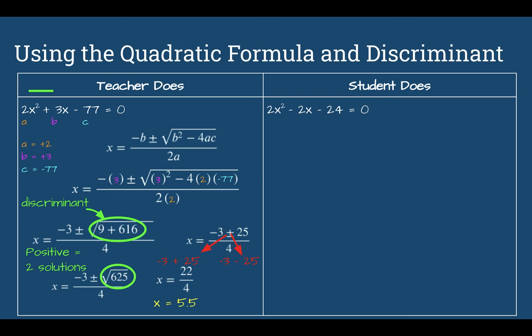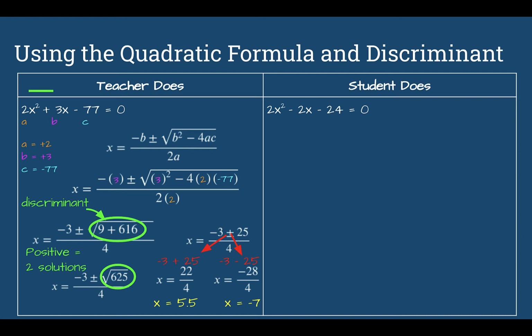For negative 3 minus 25, we get negative 28 over 4, which means x equals negative 7. So our solutions to this using our quadratic formula are 5.5 and negative 7.